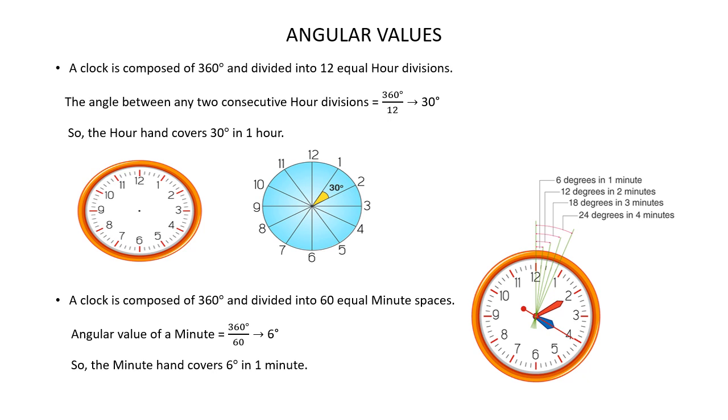So in every 1 minute, the minute hand would cover 6 degrees. So what you should remember here is the hour hand covers 30 degrees in 1 hour, whereas the minute hand covers 6 degrees in 1 minute.